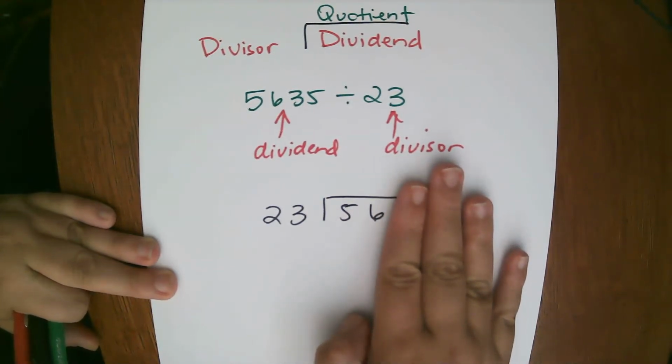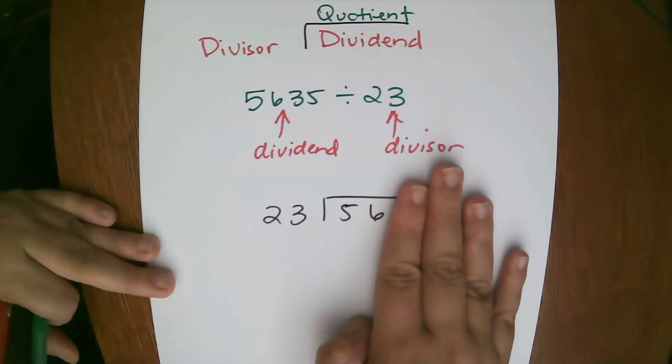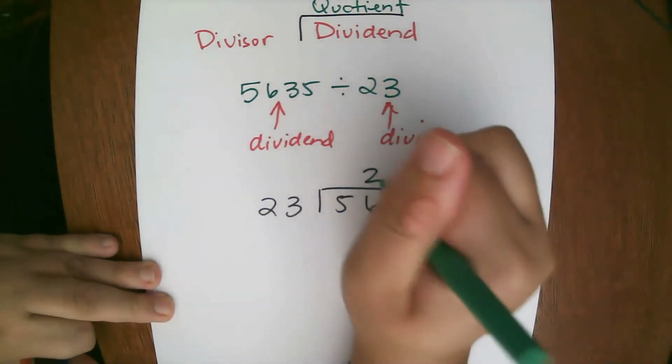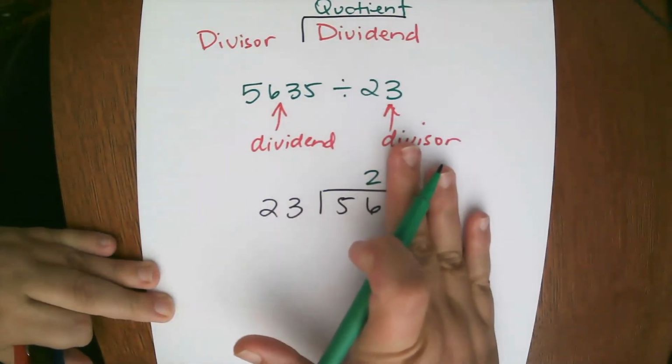Can we make 23 parts of 56? Well, yeah, 56 is big enough, right? How many parts of 23 can we make of 56? Well, we'd use our multiplication chart and we'd see how close we would get to 56 if we're following along on the 23. So we would see that it goes in 2 whole times.